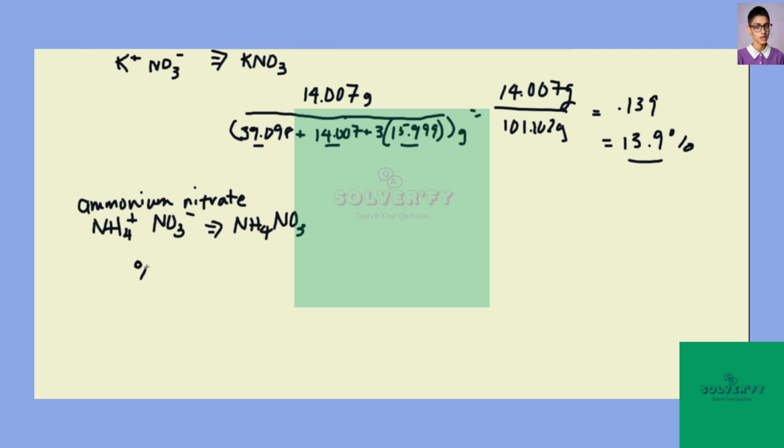To find the percent nitrogen, we find the molar mass of the whole compound. There are 2 nitrogens, so it's 2 times 14.007 plus 4 hydrogens, 4 times 1.008 plus 3 oxygens.